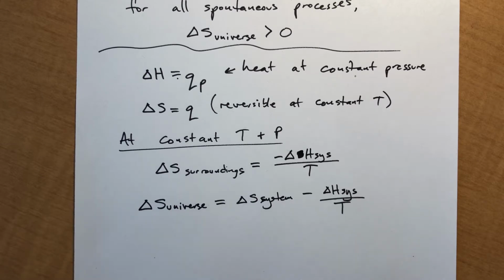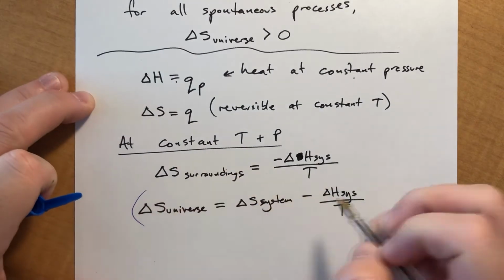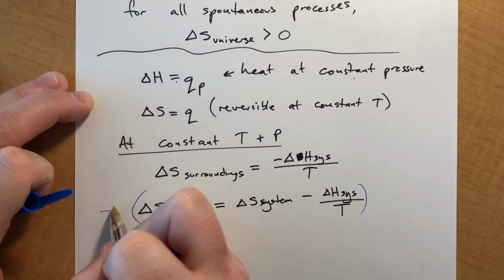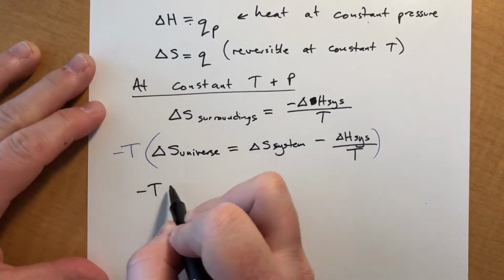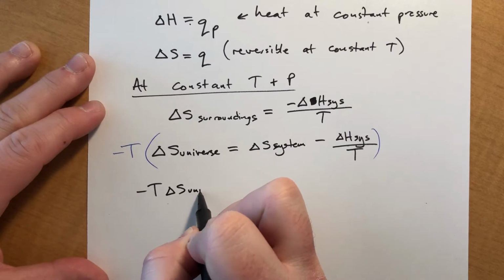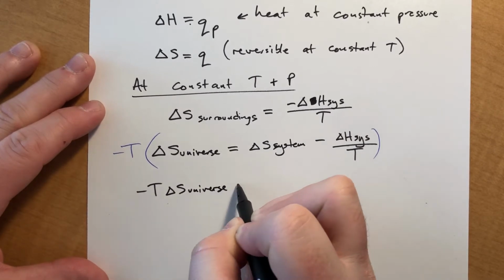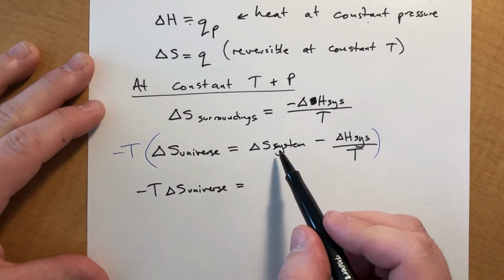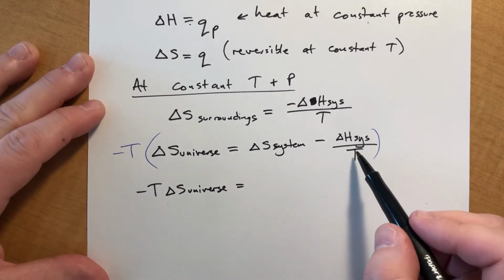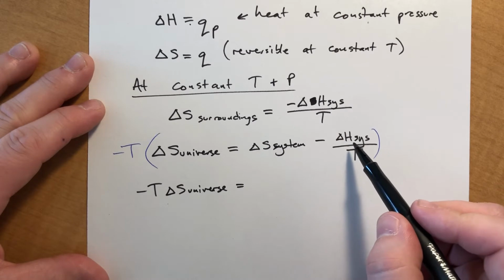So, some algebra here. I'm going to multiply everything on both sides by negative T. For right now, it's going to seem really weird that I'm doing that. Okay, and what we end up with is negative T delta S of the universe equals negative T delta S of the system, and this will cancel out to give us delta H of the system.